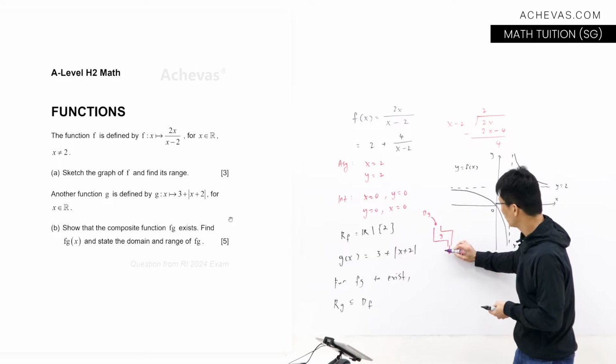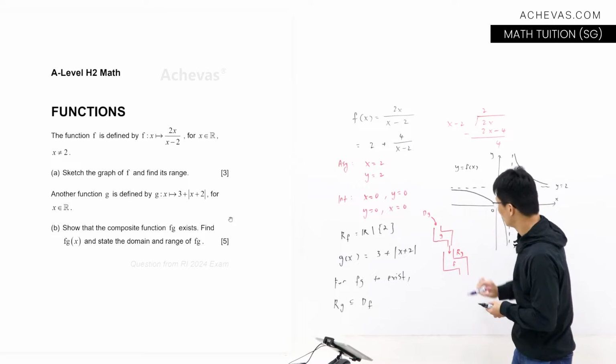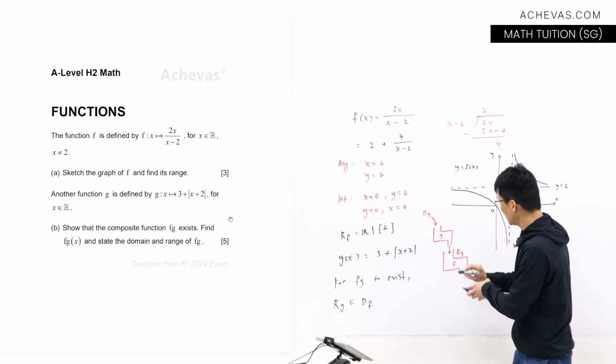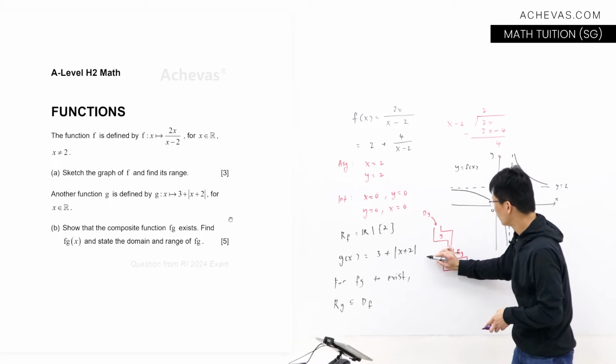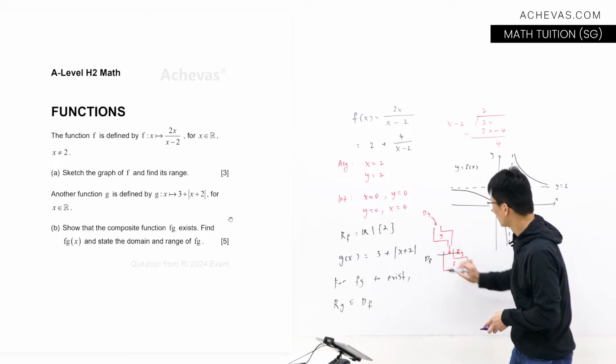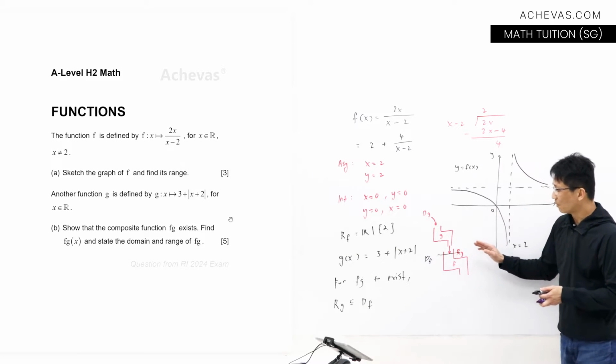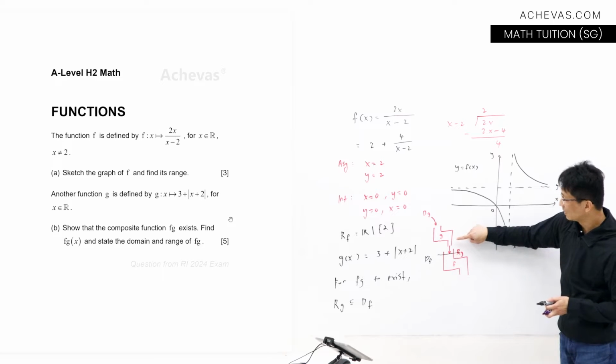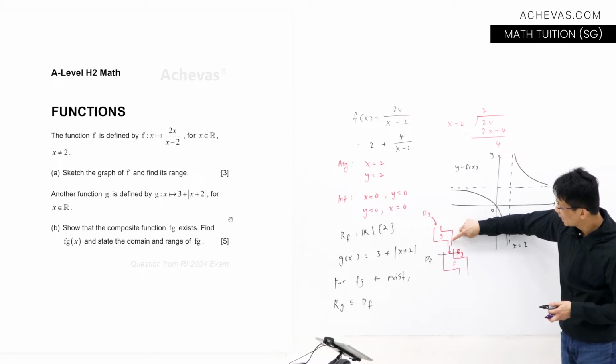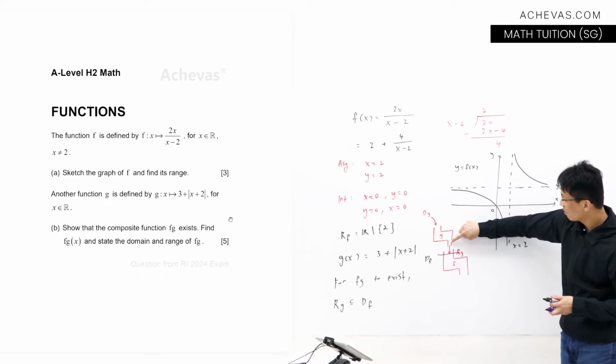And for the function f, it will be similar. This is the function g, and we can think of this as the domain of f. So in order for the composite function fg to be defined, you can see that the range of g, which is the output of g, must be contained within the domain of f.